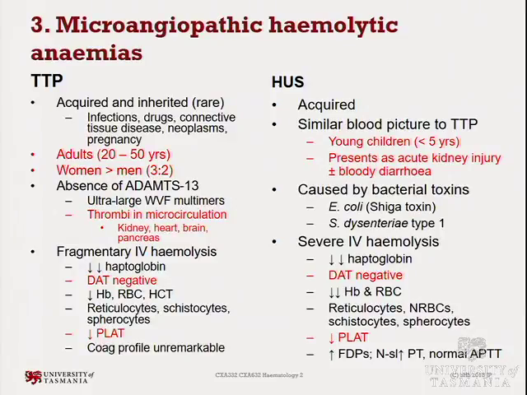So we can see that TTP we have already looked at in Haematology 1. So you may remember when we were learning about coagulation and the ADAMTS13 enzyme. Do you remember that? And how it is responsible for cleaving our long von Willebrand multimers into much shorter lengths.